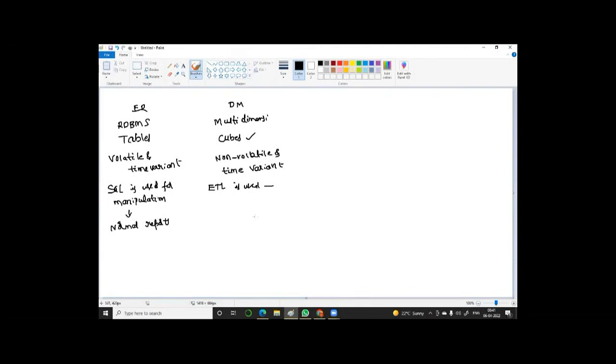But in the case of the DM model, you can generate user friendly and interactive reports, which are very easy to understand. But in the normal ER model, you cannot generate interactive reports.